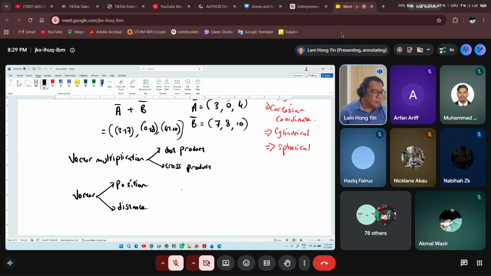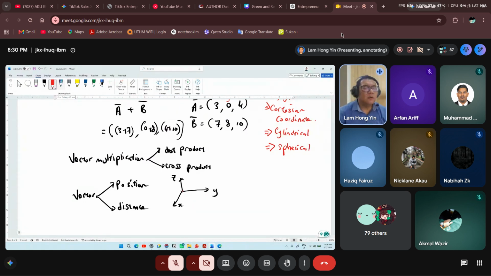What we mean by the position vector is, for example, if I have a coordinate system, X, Y, and Z, right? And I have a vector.